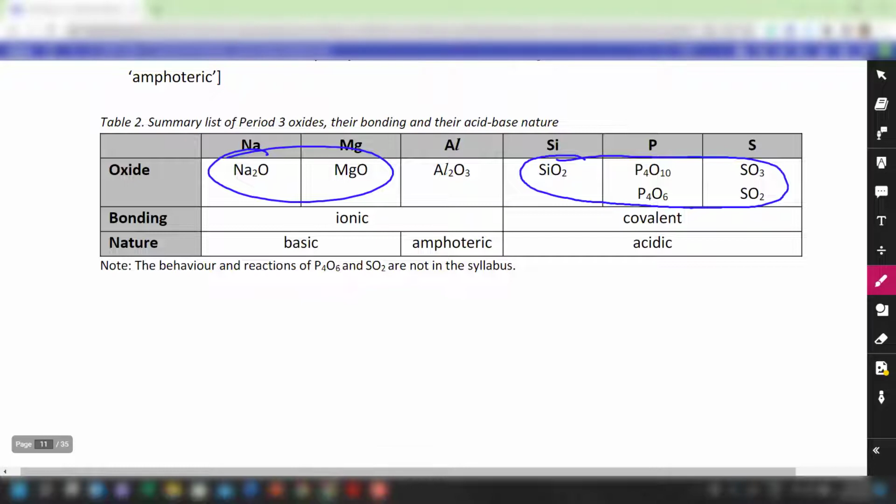Covalent oxides tend to be acidic, and Al2O3 is an ionic oxide with significant covalent character, so it has the best of both worlds and will be amphoteric. That means it can react with both bases and acids.